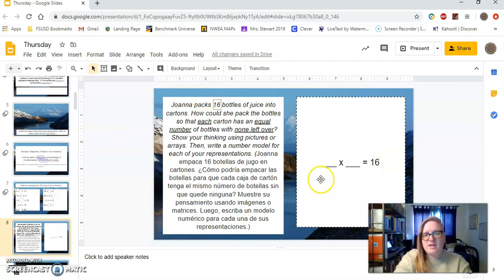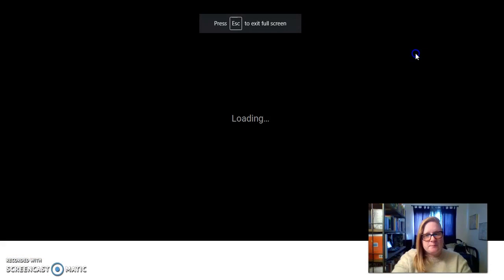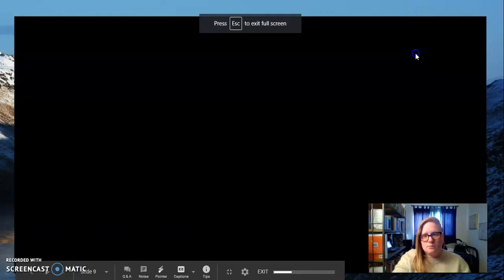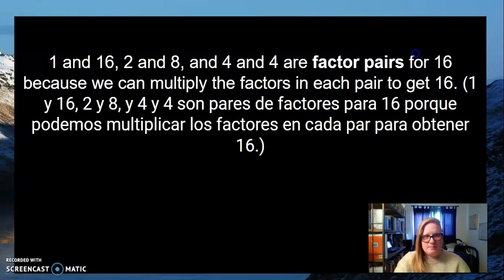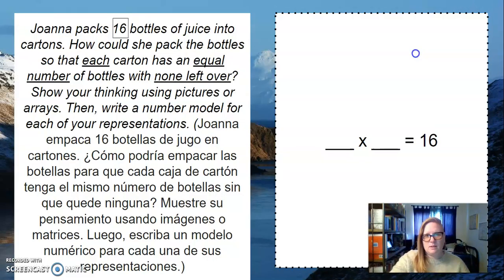So if you think of as many as you can, don't just think of one, okay? So 1 and 16. Pause and do this before moving on, okay? So come back in 5, 4, 3, 2, 1.